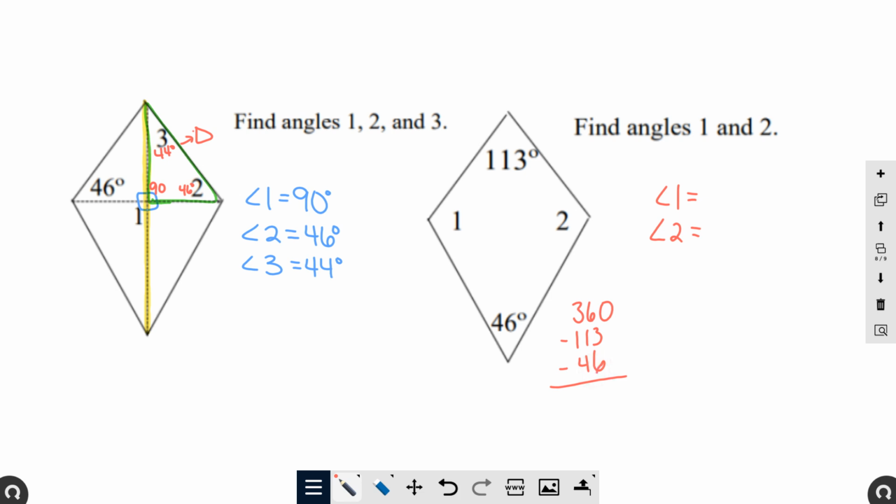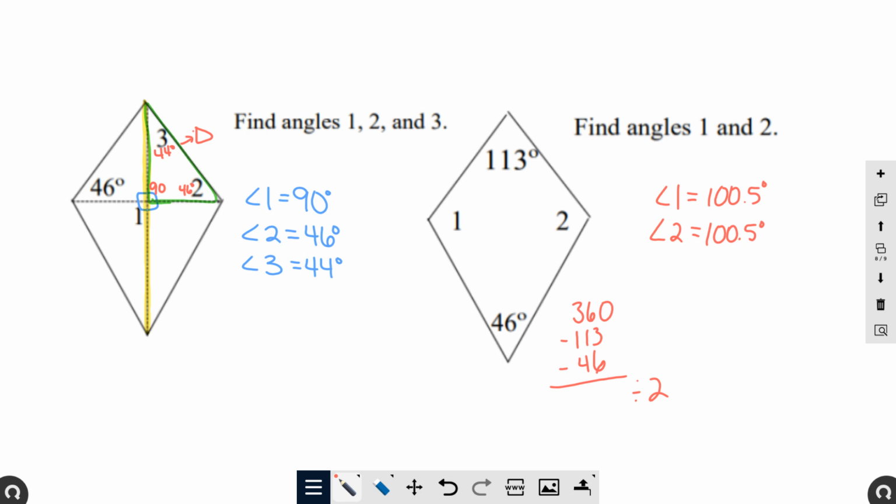We can get that number, and once we get that number, we would do what with it? Divide it by 2, and that will give us 100.5. Sounds good. So those 2 angles are 100.5 degrees.